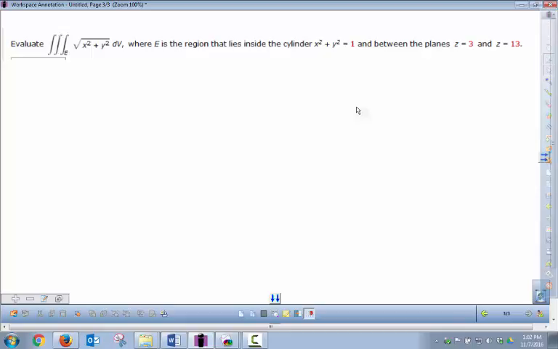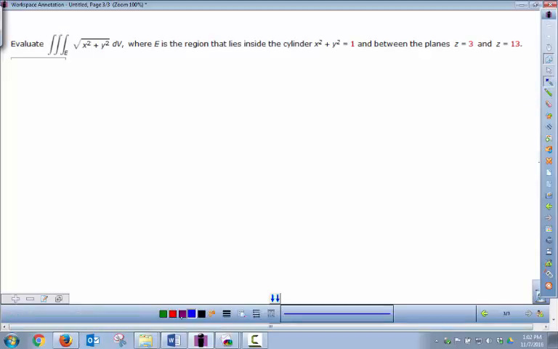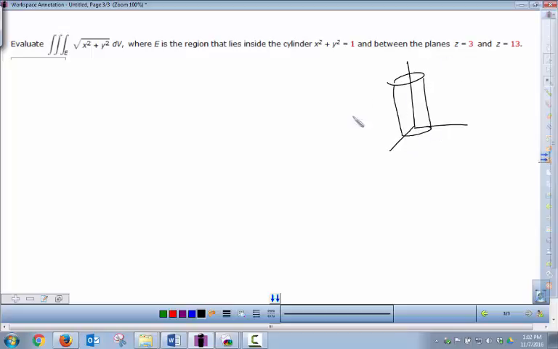Now that we're going into 3 dimensions and cylindrical coordinates, it would be helpful if you can see what this E looks like. So it's a cylinder, but it got chopped off at 3 and 13, so z equals 3 to z equals 13.